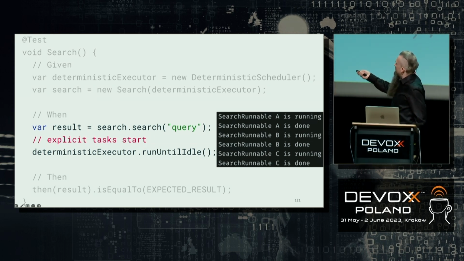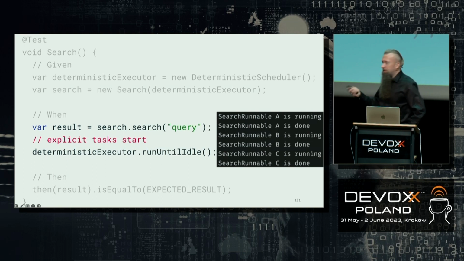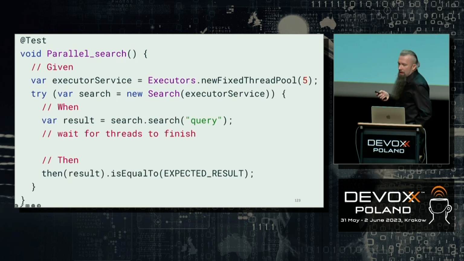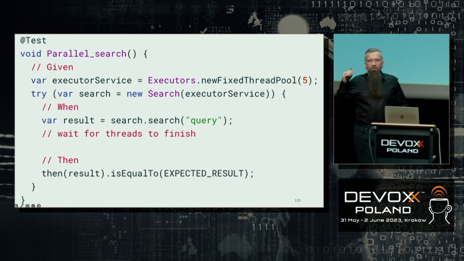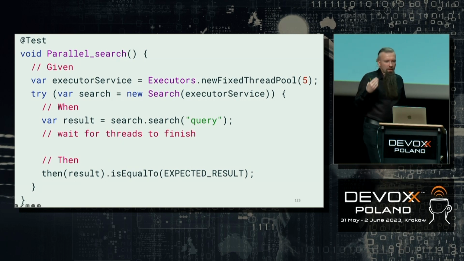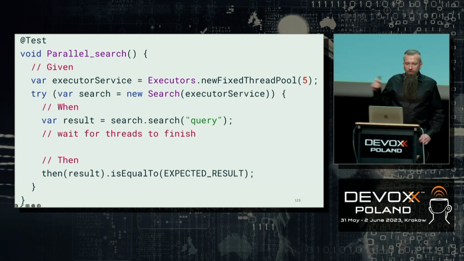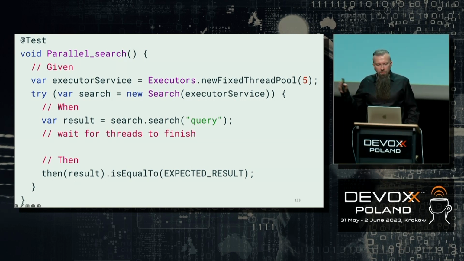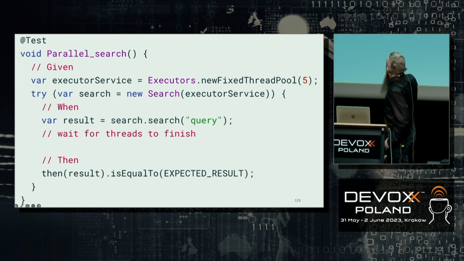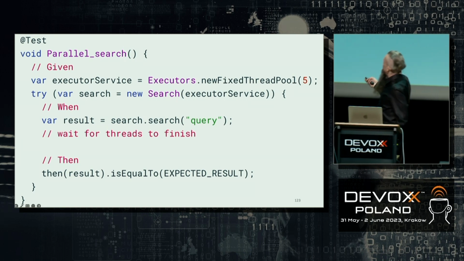And we have an extremely easy way to run those applications, route those threads, stop them, and so on, and just validate the result. And when it comes to validating if the real-life threading policy is working, let's create the real-life executor service. We can see we are creating executors, new fixed thread pool with 5 threads, and then injecting the real-life executor service.